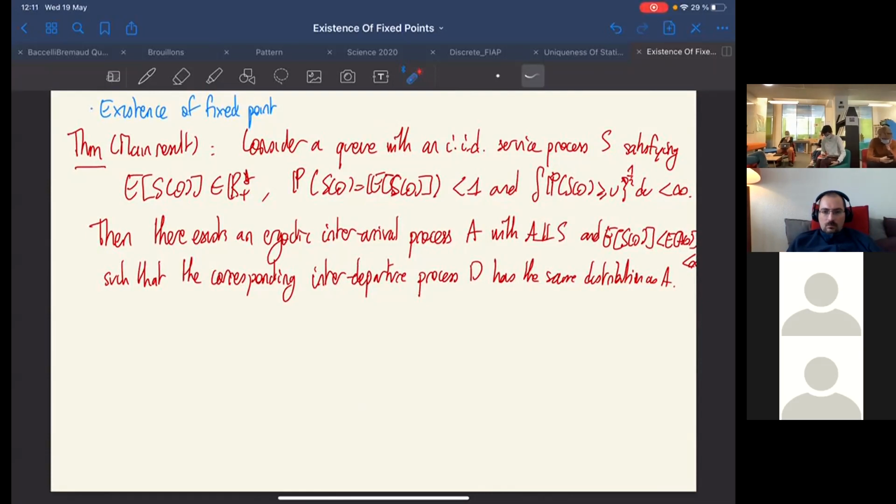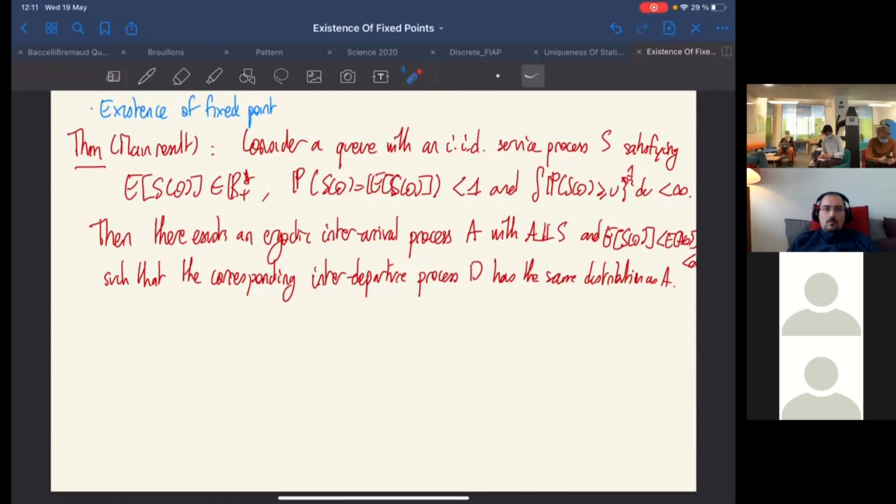Do you know the relation with heavy tails for this condition? I fear that if you have something that is a bit heavy-tailed, the condition is not verified, but I'm not sure.